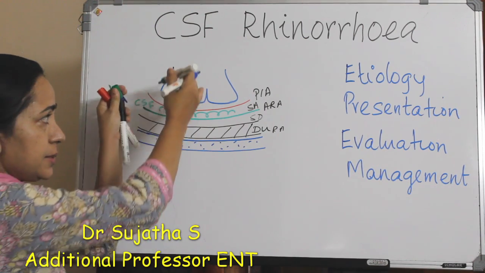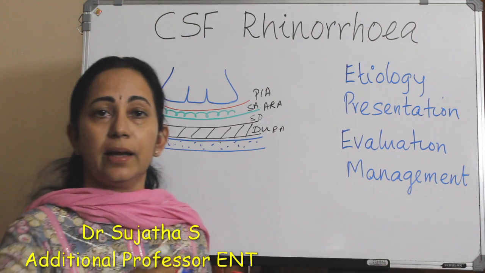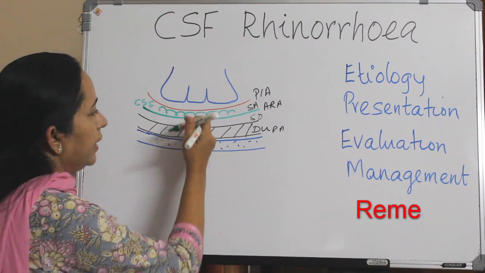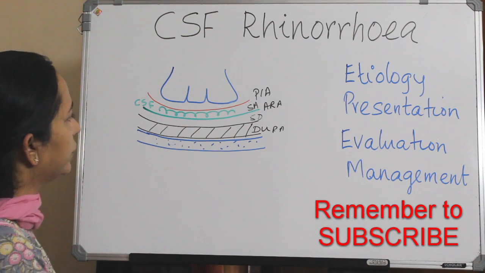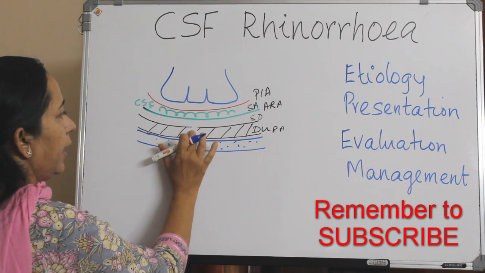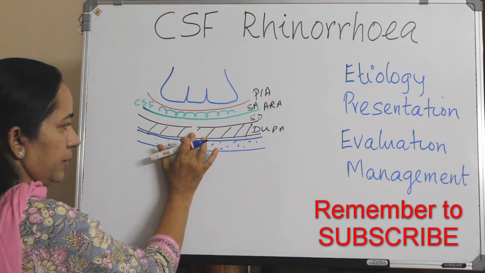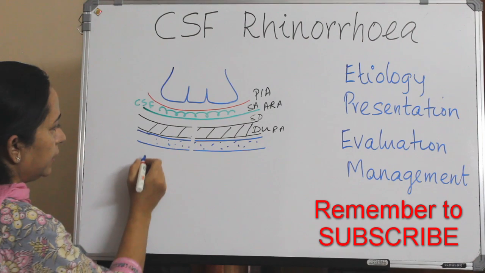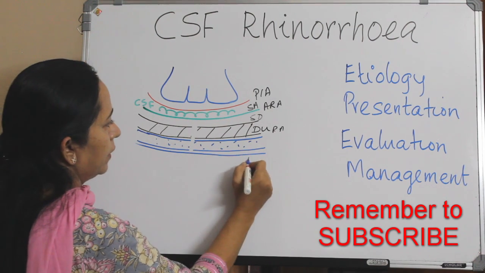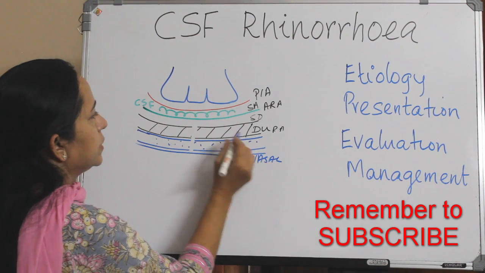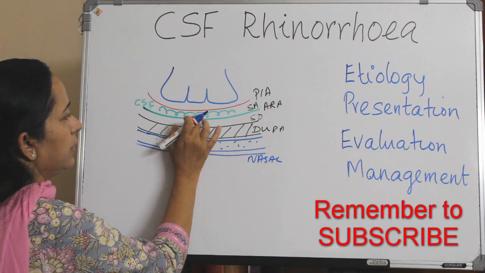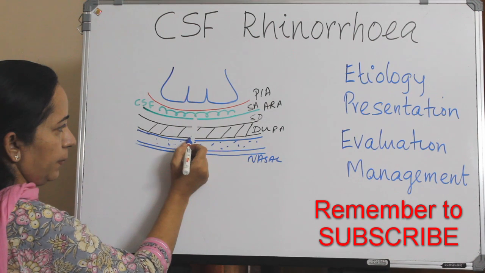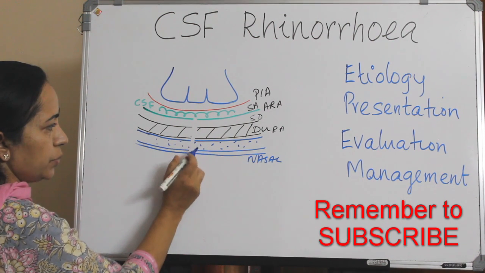Actually this CSF is filling all around the brain along with the ventricles. If there is a defect of the dura along with the skull and also the nasal mucosa, here there is a nasal mucosa also. So see the defect in the arachnoid, then the dura mater, the skull and also the mucosa.